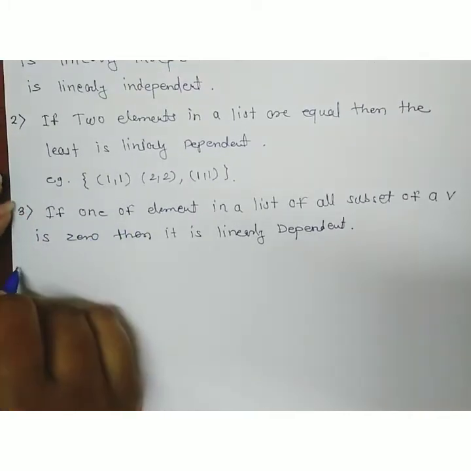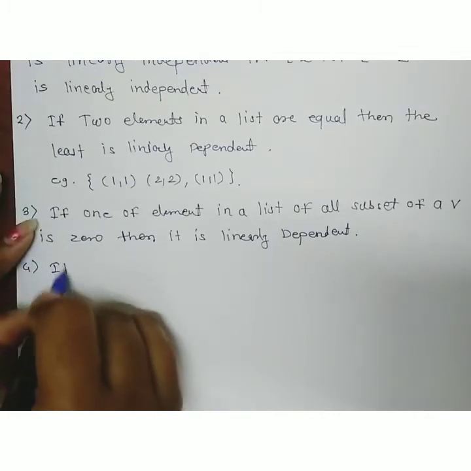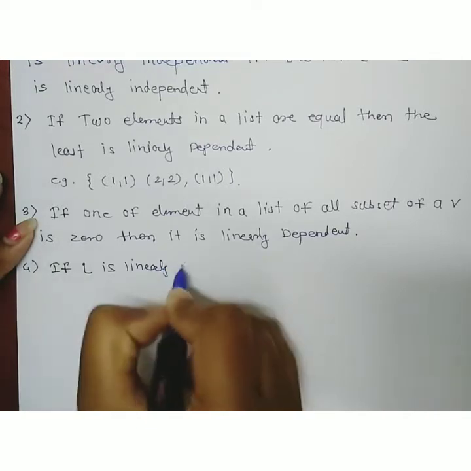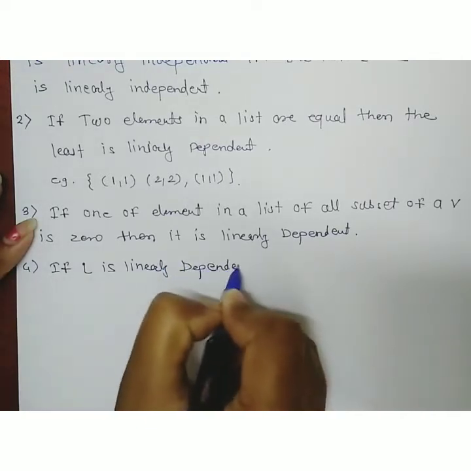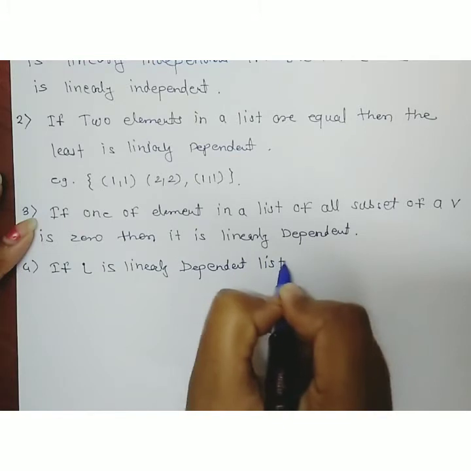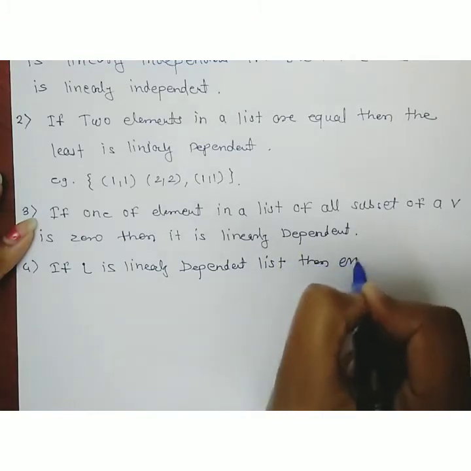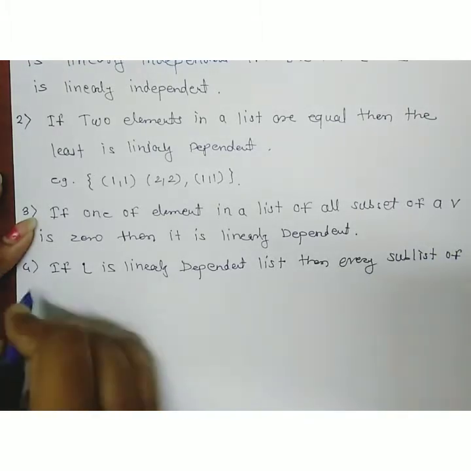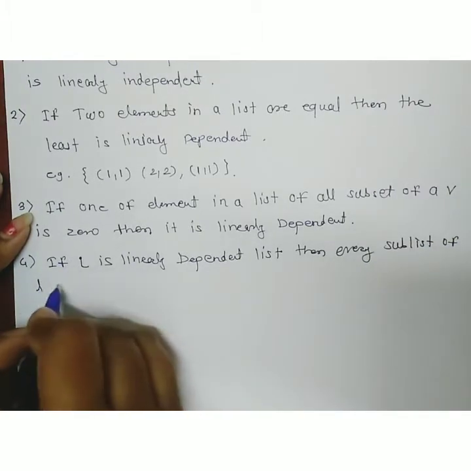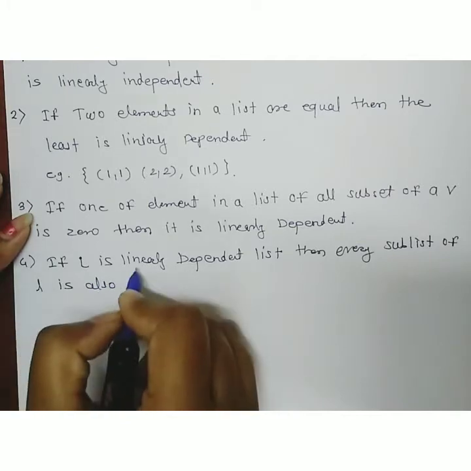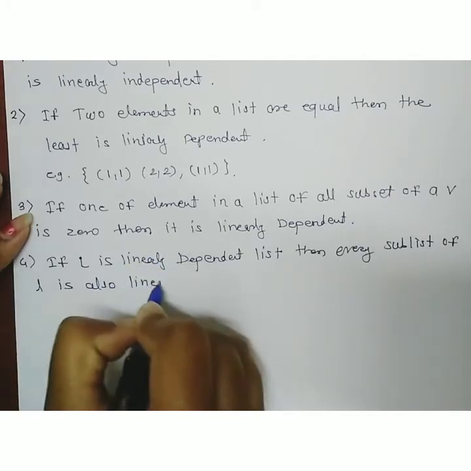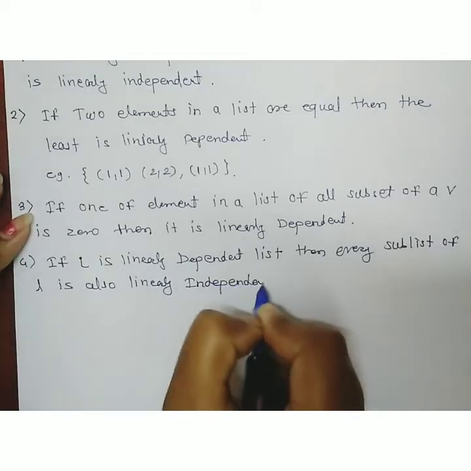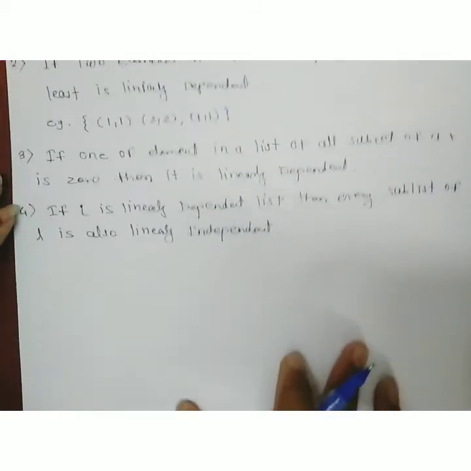Now the next is note 4: if L is a linearly independent list, then every sublist of L is also linearly independent. What should be given in that note?